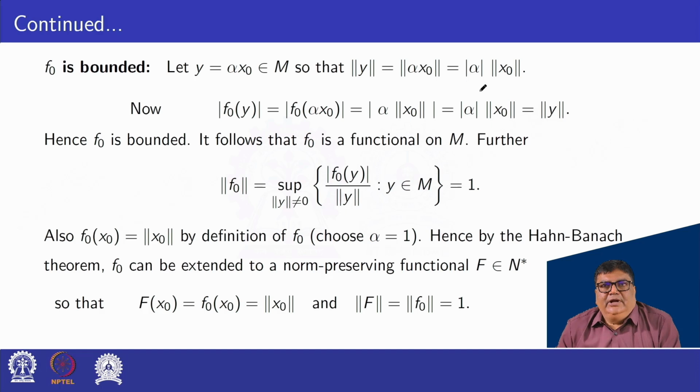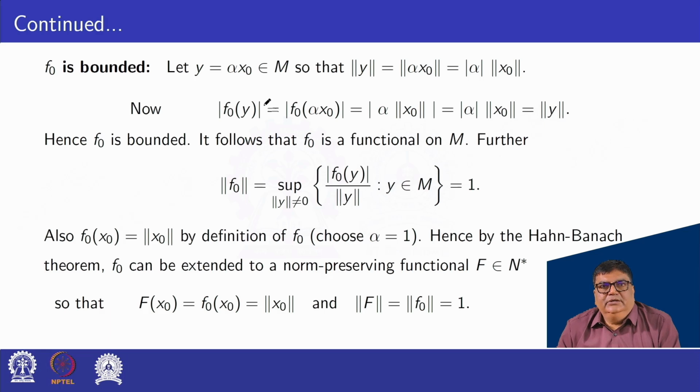So mod alpha norm x0 is norm y. So mod f0 y equal to norm y. Hence f0 is bounded. It follows that f0 is a functional on M.